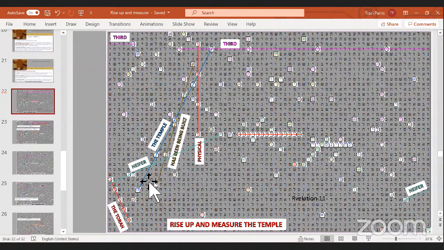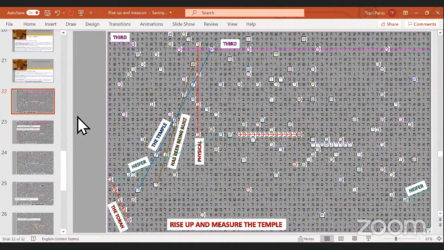Okay. So we have the temple running right here, and third wraps around and intersects with temple has been being built. Physical. Some people say that it's not the physical temple, because your body is the temple, but there will be a third temple, a physical one.